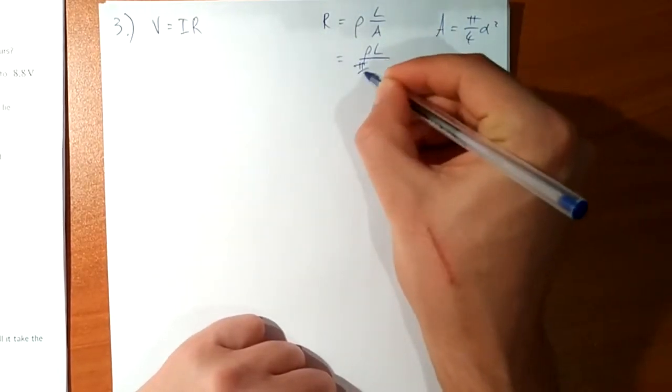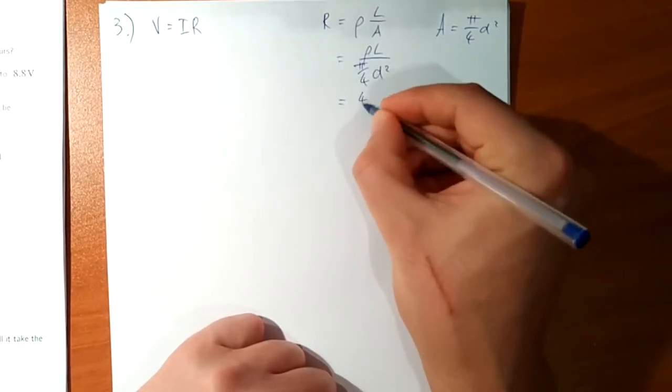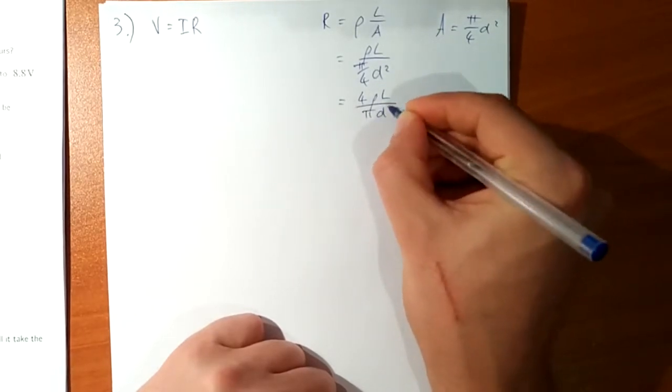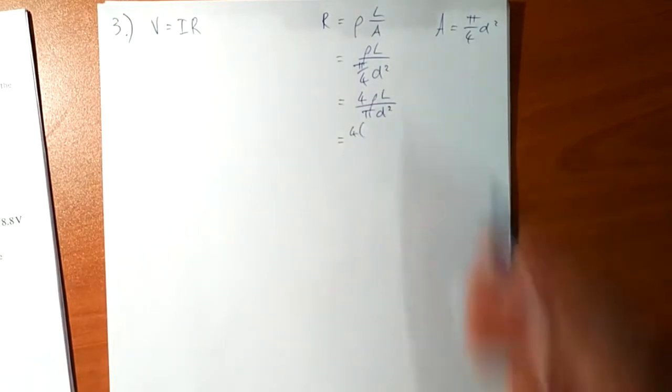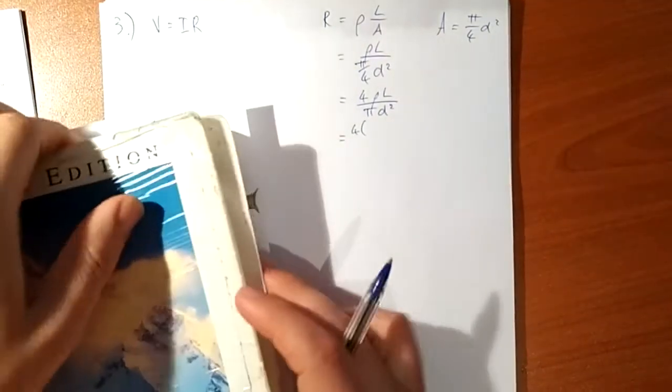So this becomes 4 rho L over pi d squared, and this I can calculate. Okay, so what is the resistivity value for copper?